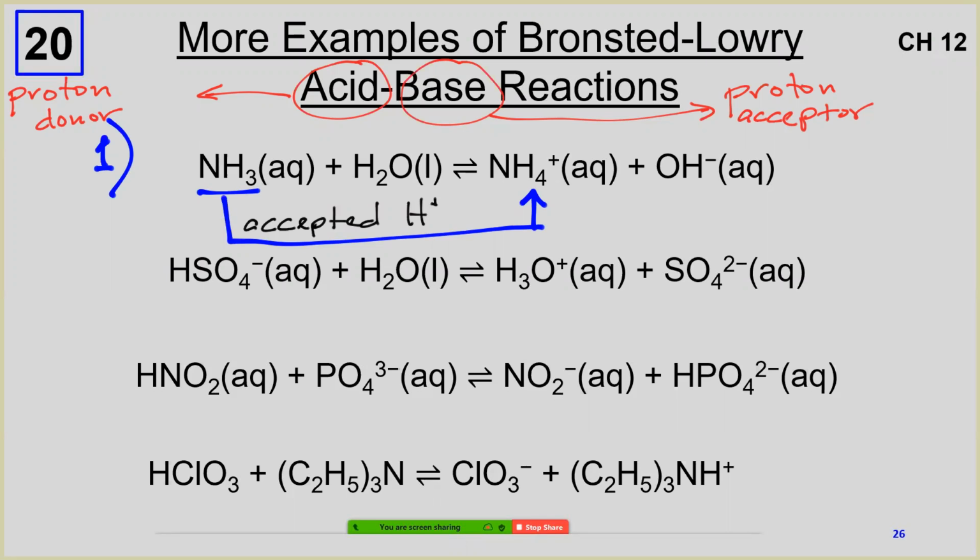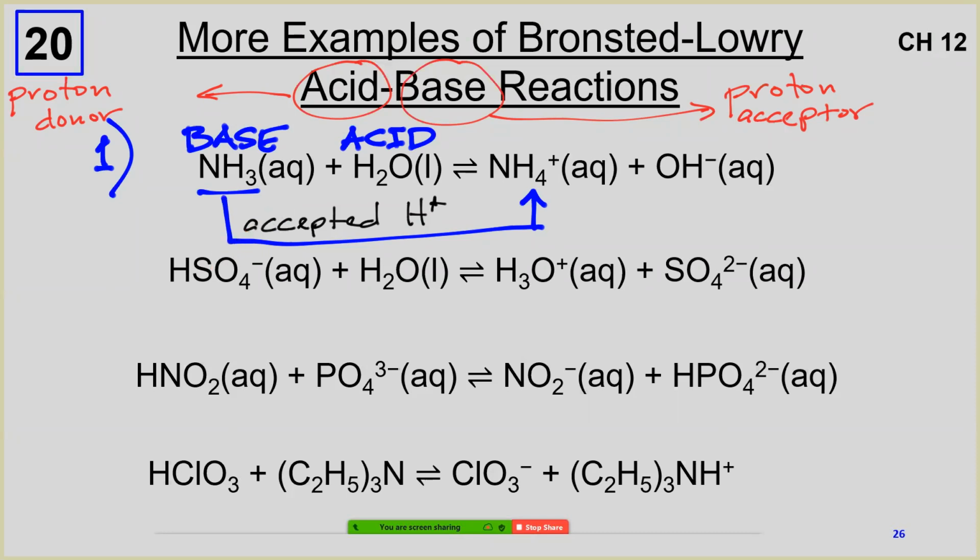It accepted a proton. So according to the Bronsted-Lowry theory, NH3 is the base, and water is the one acting as an acid, because water, H2O, turned into OH minus. It donated a proton. It donated a hydrogen. So that counts as an acid.